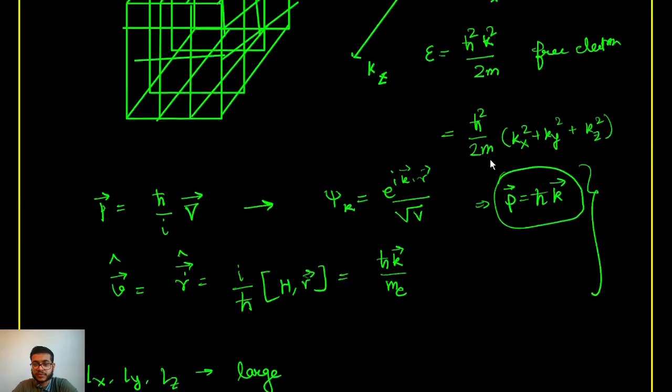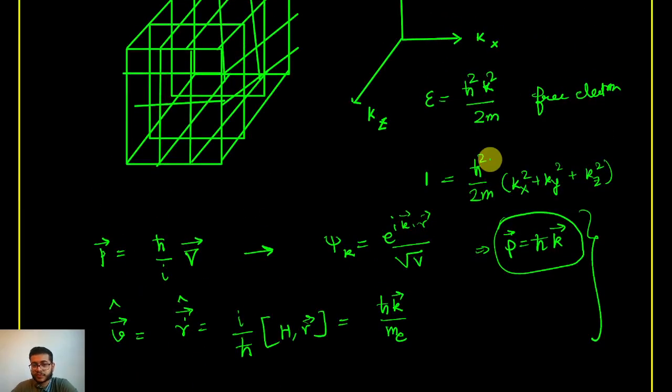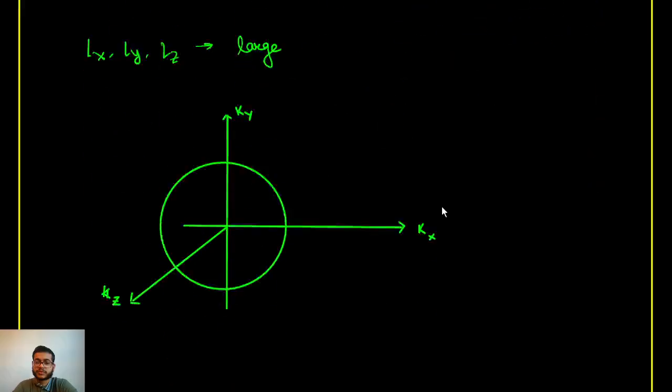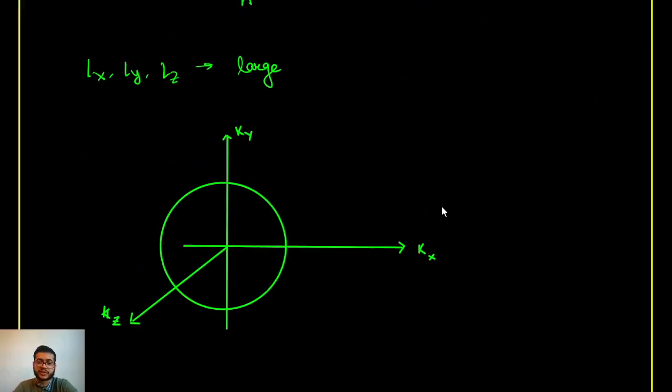So these are like spherical isosurfaces, sometimes called energy isosurfaces, which have the same energy.